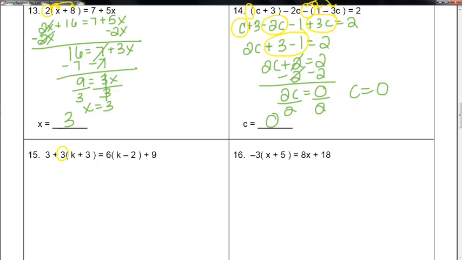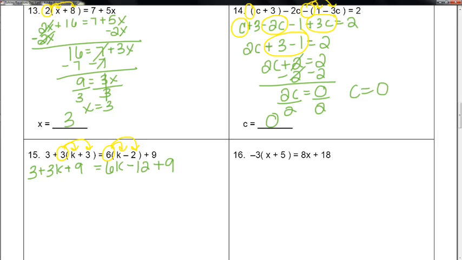Notice I have a 3 that I need to distribute and a 6 that I need to distribute. So I have 3 plus 3 times k is 3k. 3 times 3 is 9 is equal to 6 times k is 6k. 6 times negative 2 is negative 12 plus 9.